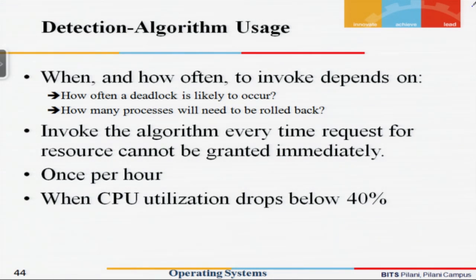Another approach could be that whenever the deadlock occurs, it will actually lead to degradation of system performance. So for that reason, we can fix some kind of threshold limit on CPU utilization, and say that if the CPU utilization drops below a certain percentage, then the detection algorithm can be run.